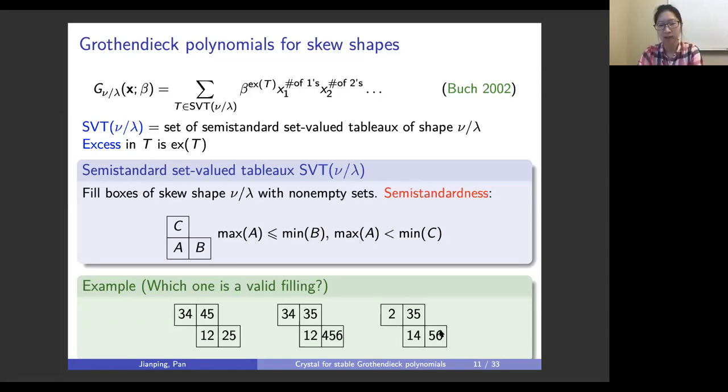So is this a semi-standard set-valued tableau? No, because the 4 is bigger than the 3, right? So it violates this condition. What about this one, the one in the middle?